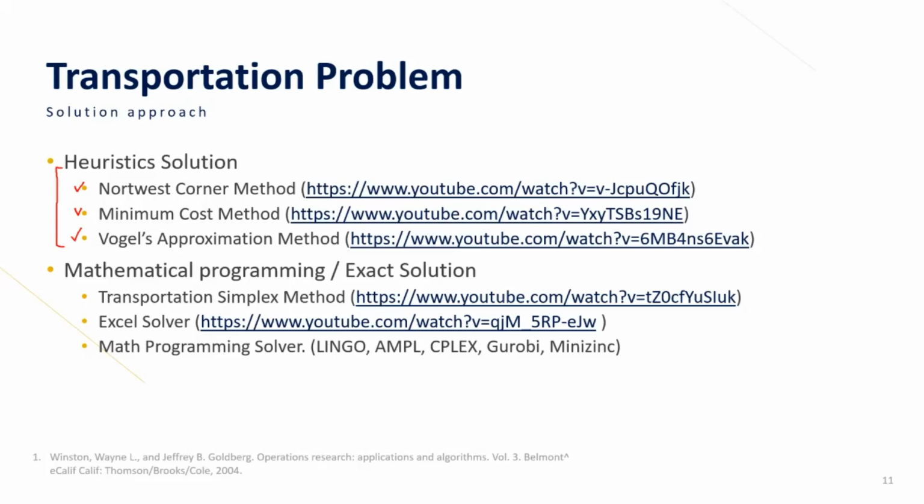And for exact methods, there is a particular method that can provide you the optimal solution, the so-called transportation method, the simplex method for transportation problems. There is a tutorial also on YouTube you can use.